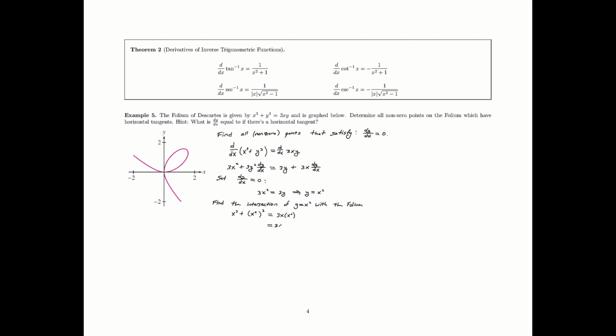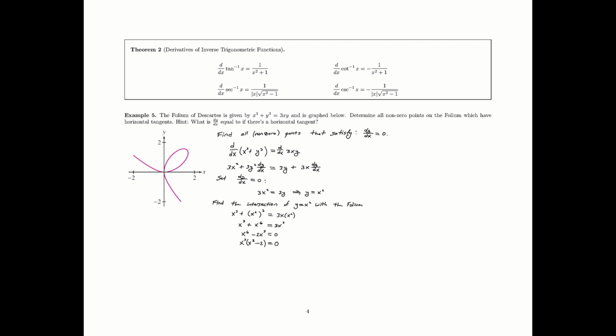All right, and then we'll just simplify and collect like terms. So it looks like we have 6x minus 2x cubed equals 0. Factor out an x, and we'll be left over with x cubed minus 2 equals 0, times x.